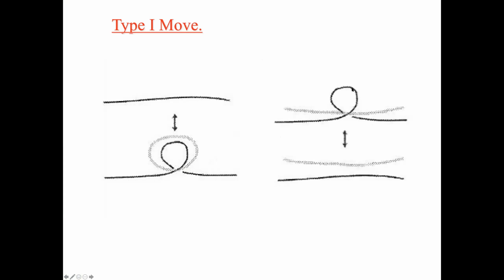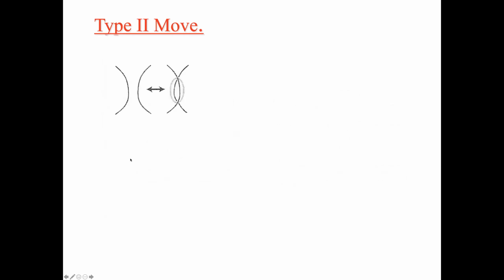Also, there's a type 1 move where you remove a little crossing like this. If I had a crossing covering circle that passed through that crossing, I'll leave that crossing covering circle. So a type 1 move does not impact whether or not you have a crossing covering collection. If I do a type 2 move, then I can just add a crossing covering circle to cover the two new crossings.